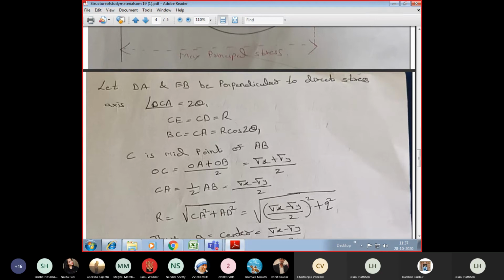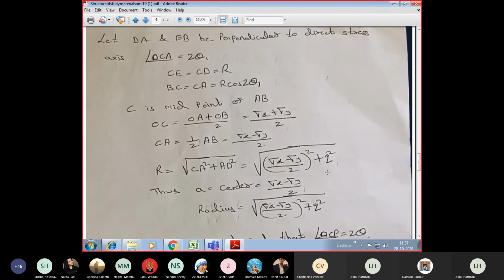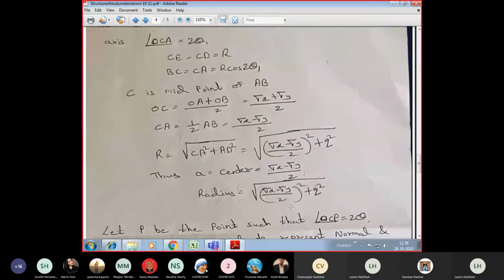So simply back substitute, you will get this final radius. So once again, I have proved that radius R is root of sigma x minus sigma y by 2 whole square plus tau square. The center of the circle is sigma x plus sigma y by 2. Previously I have told you, and even now I have proven it here with the help of the circle. Radius is this and center of the circle is this.